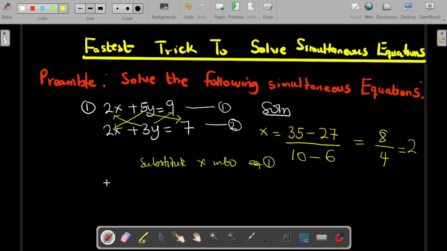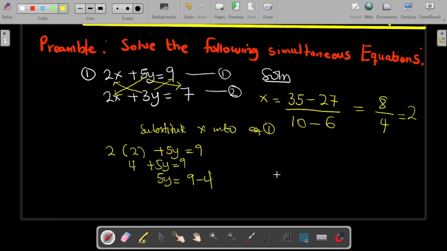It means that we have 2 into bracket our value of x, which is 2, plus 5y is equal to 9. 2 times 2 is 4, plus 5y is equal to 9. So 5y is equal to 9 minus 4, which is 5.